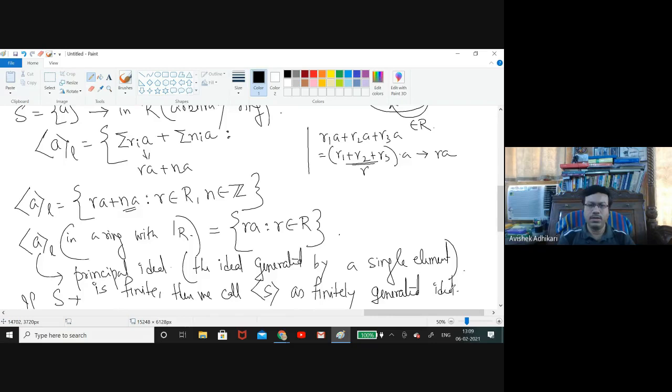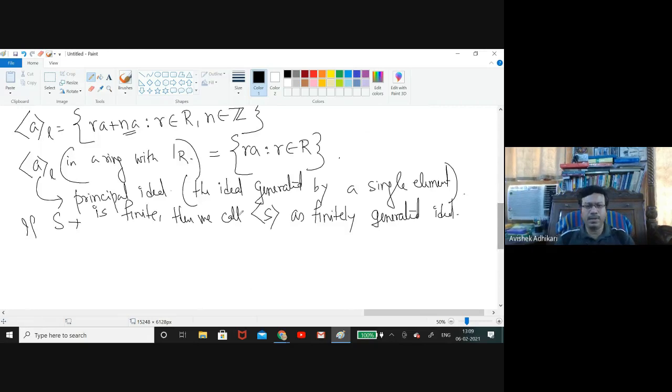Okay, so that is the basic definition. This principal ideal plays an important role in ring theory. Later on we'll learn the definition of principal ideal domain and all.